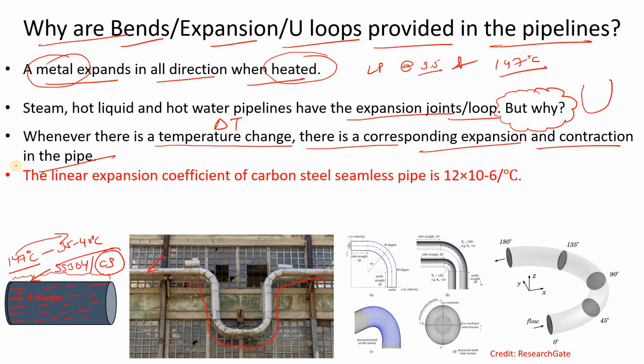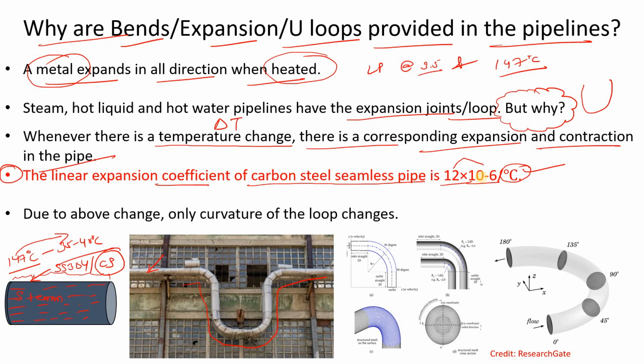So for that, you can simply see one example here. The linear expansion coefficient of carbon steel seamless pipe is 12 into 10 to the power of minus 6 per degree Celsius. It means when you raise the temperature by 1 degree Celsius, this is your linear expansion coefficient. I hope you got the point which I want to say. So what happens when the temperature changes or you heat the metal or the pipeline?